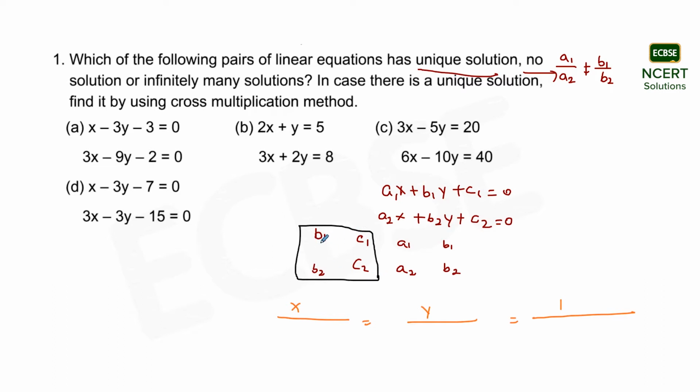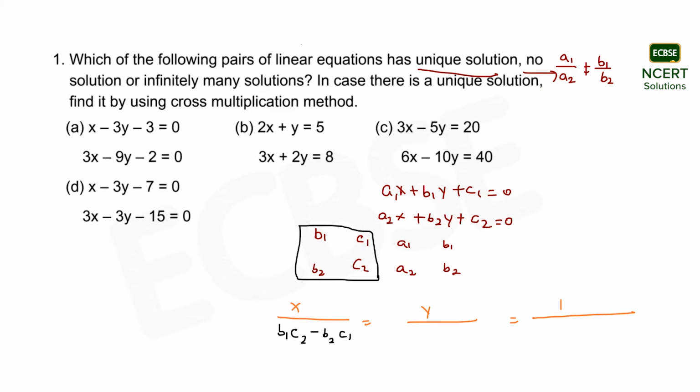Now multiply the top left element with the bottom right element, that is b1, c2, and then minus sign and multiply the top right element with the bottom left. So here it comes out to be b2, c1.